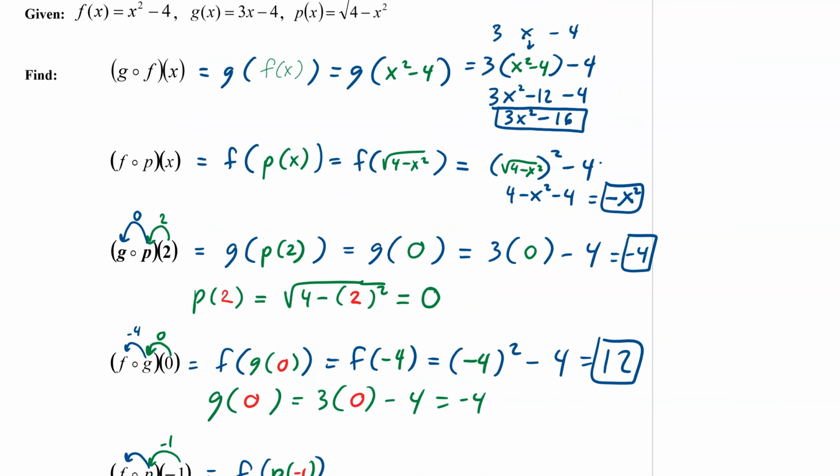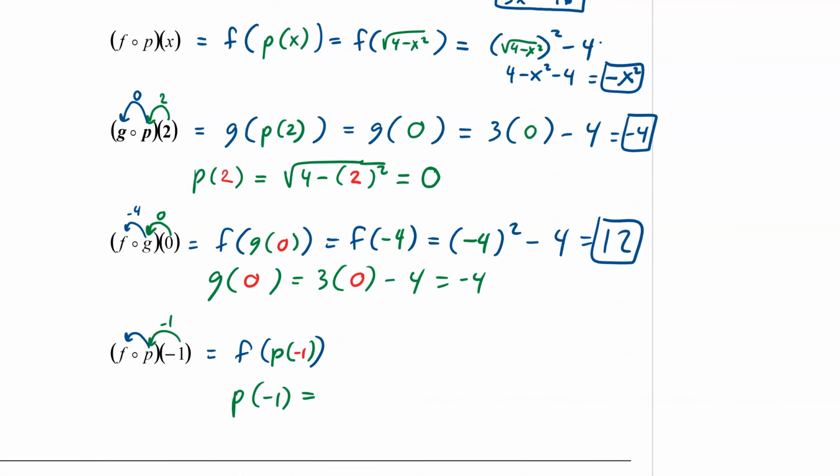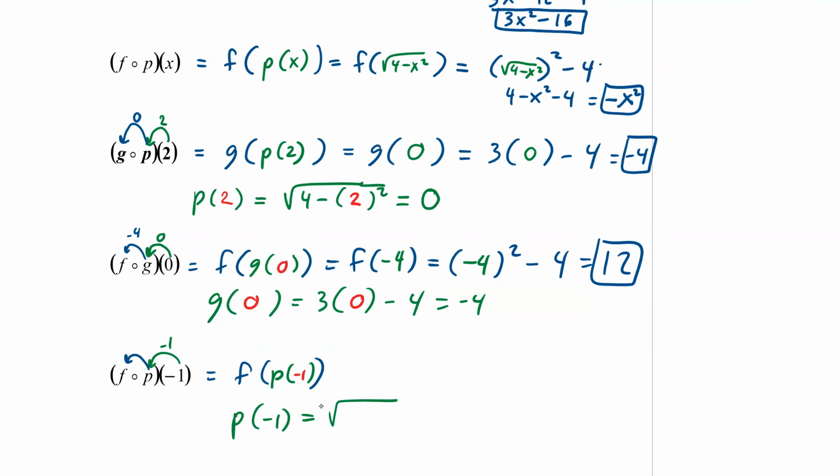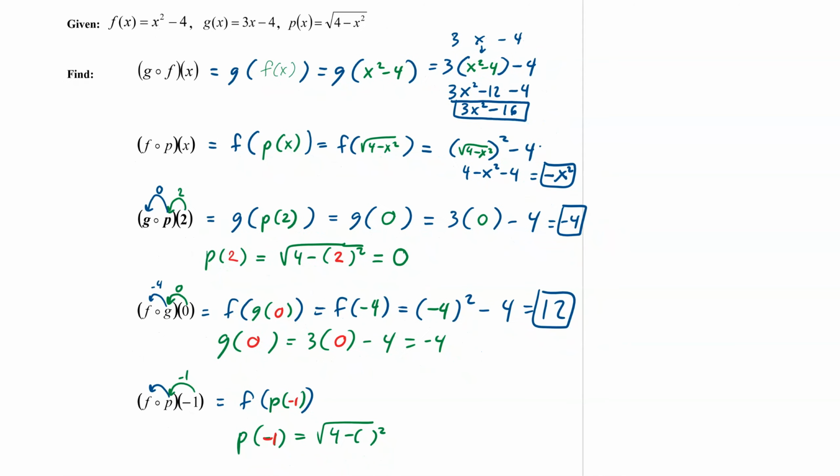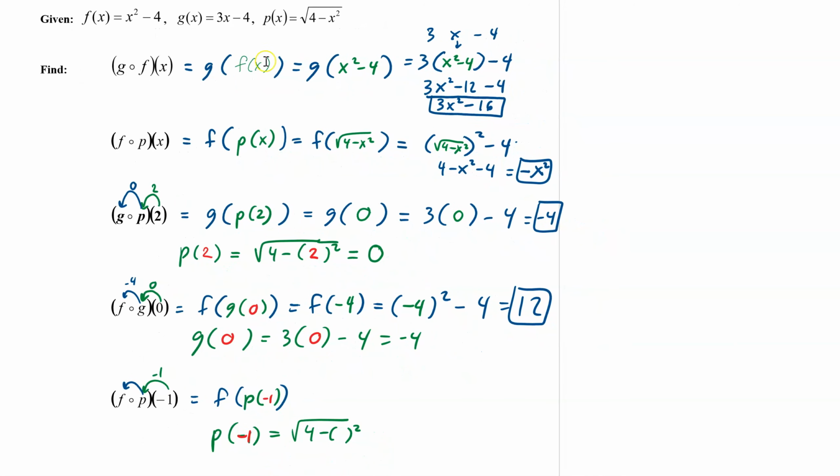Let's go back up. P of x is the square root of 4 minus x squared. So it would be the square root of 4 minus parentheses squared.